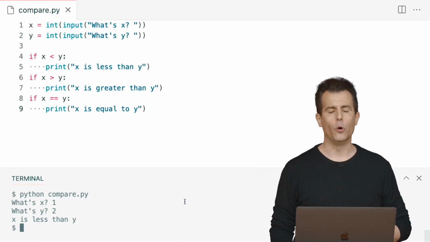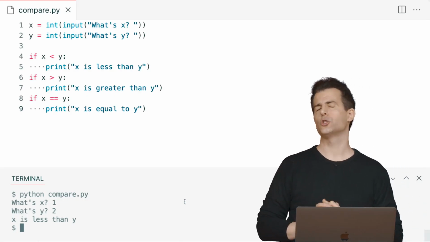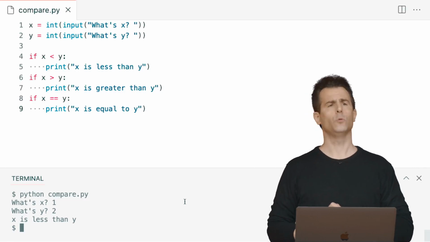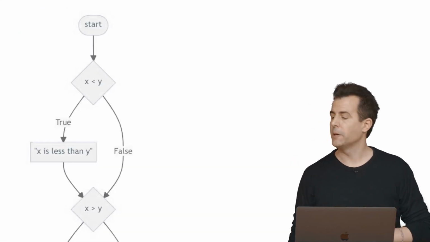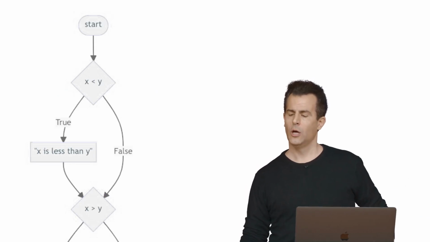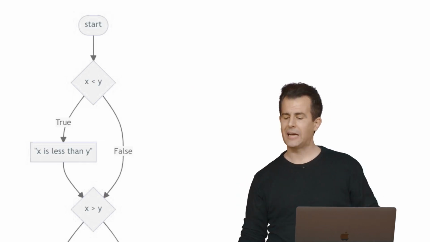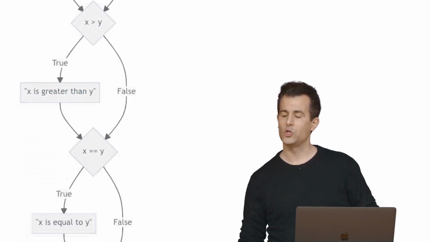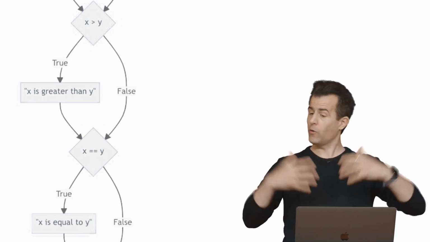But recall the code. The code then proceeded to ask two more questions. Is x greater than y? Is x equal to y? Well, the flowchart depicts those questions too. Notice that no matter whether the question had an answer of true or false, the arrows both converge back down to this second diamond shape here. And that second diamond shape asks the second question, x greater than y.